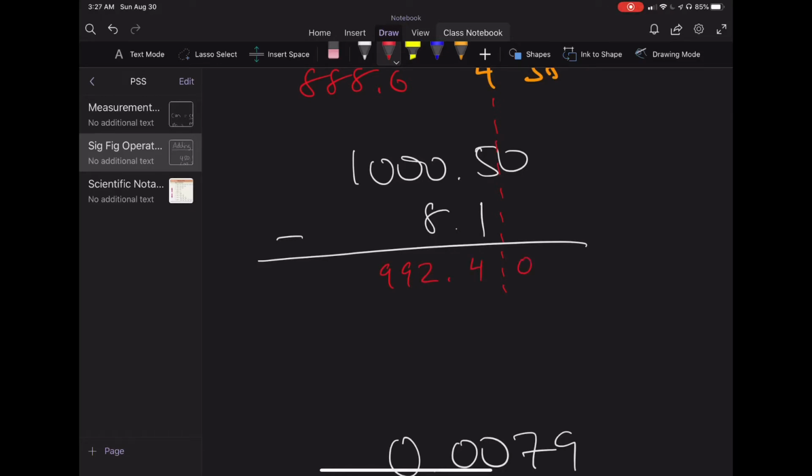And I'll put in another 0 just to show that that 0 we're not going to keep. Anything that's on the right side of the dotted line we're not going to keep. So we're just going to round it to 992.4. So the 1000.50, all of those are significant. So this is a 6 sig fig quantity. 8.1 had only 2 sig figs, and 992.4 has 4 sig figs.